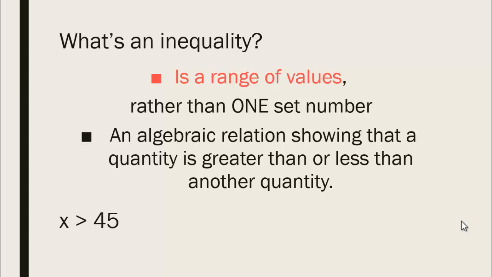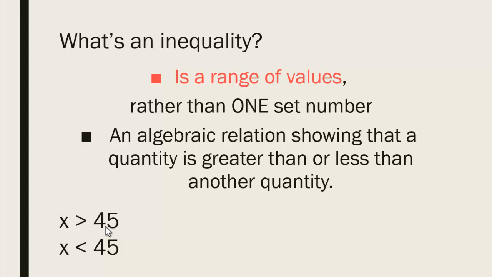Have a look here. If I say that x is greater than 45, this means that I am having all the numbers which is greater than 45. X can take any of those numbers. So I have here a range of values. When I say that x is less than 45, I mean that I want all the numbers that are less than 45.